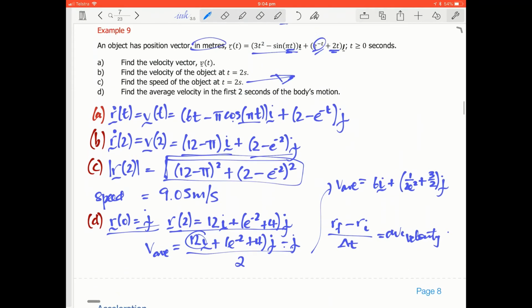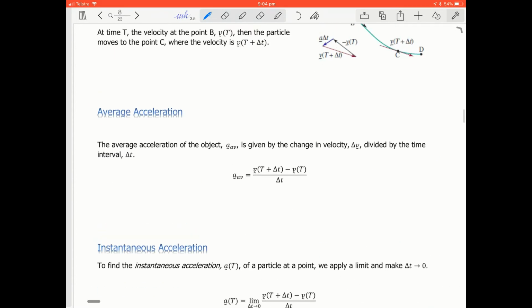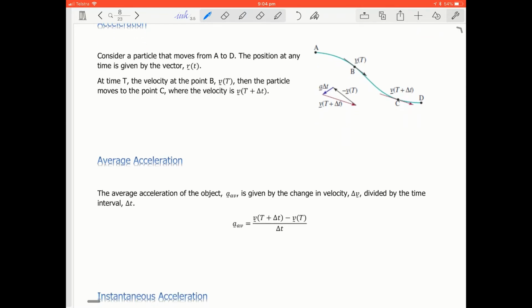Our instantaneous velocity is of course just our derivative with respect to t for each component. Okay, now our acceleration. Our average acceleration is our change in velocity over time.